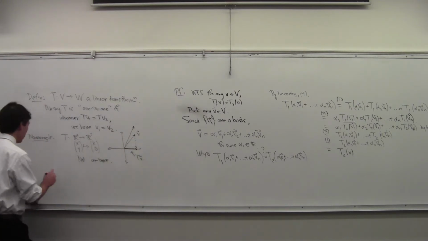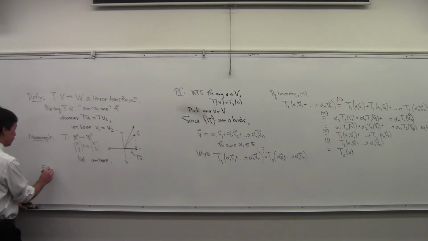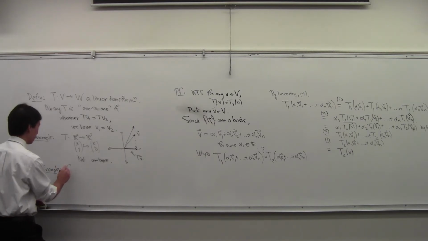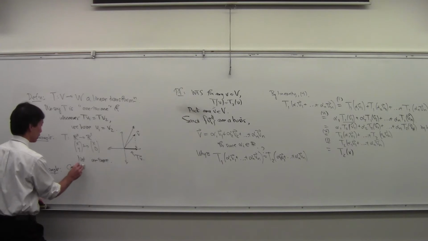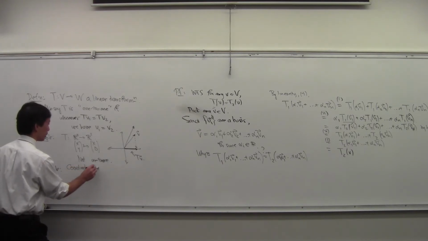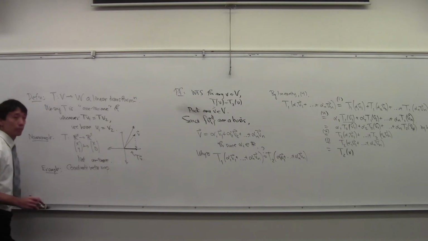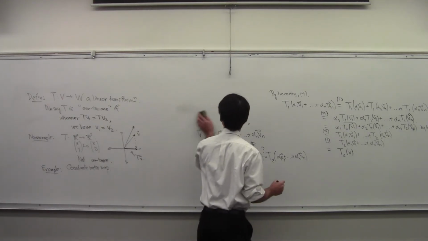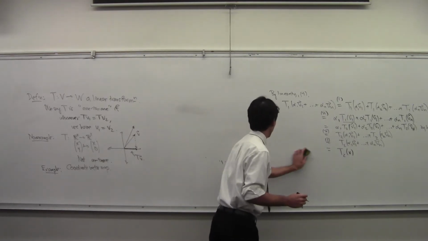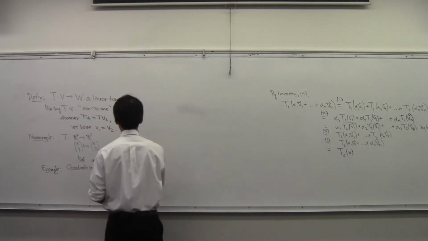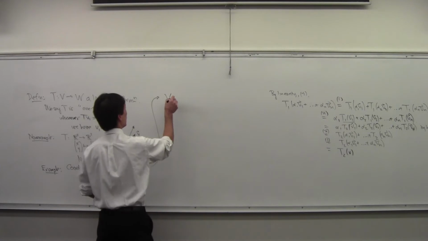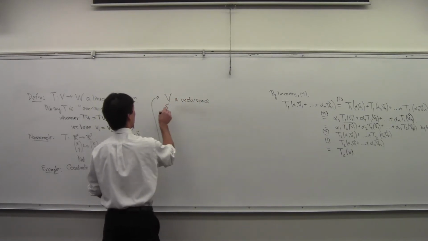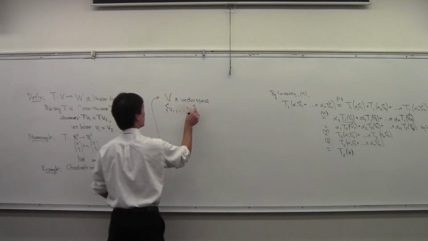Maybe for an example, you could think of the coordinate vector map. So remember, you have some vector space V, and V1 through Vn a basis.